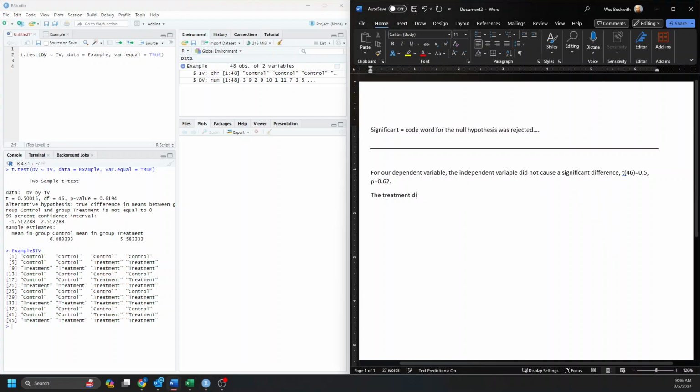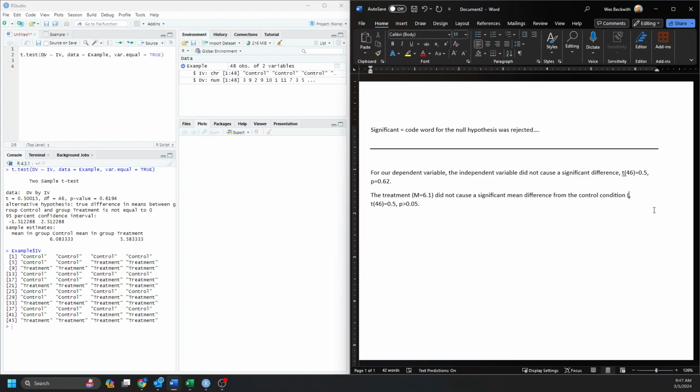The treatment did not cause a significant mean difference from the control condition, and then t(46) equals 0.5, p is greater than 0.05. You could write the sentence that way. That's acceptable. Indeed, this is sometimes better because you could add some parentheses and state what the mean is in this case. So you can report descriptive statistics in that sentence as well.